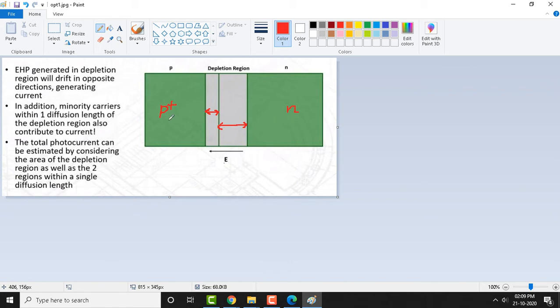Therefore it is a p plus n type diode. Here let us see how the charge carriers move whenever photons interact with this, and there is a strong electric field acting from n to p. You can see here an electric field from the n type semiconductor to the p plus side.